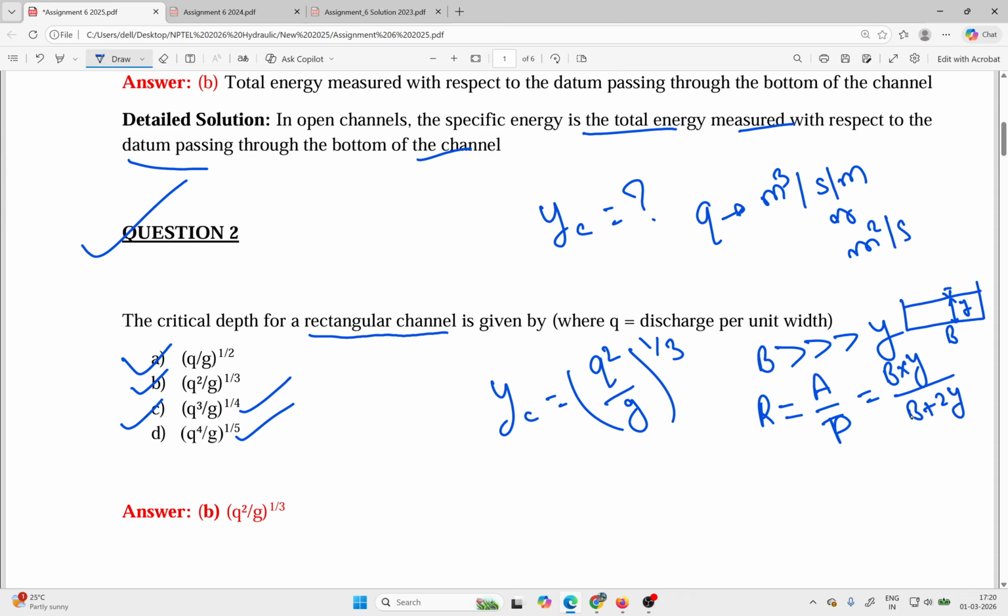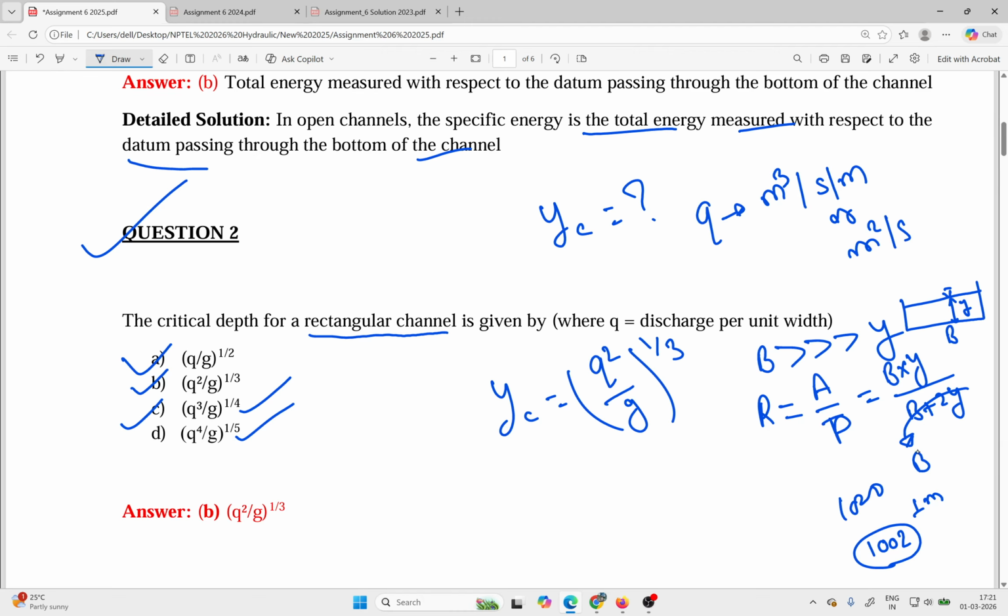So this division you can write as B only, because let us suppose your B is 1000 and Y is 1 meter. Means B plus 2Y is 1002. When you divide something by 1000 and 1002, it will be almost similar.